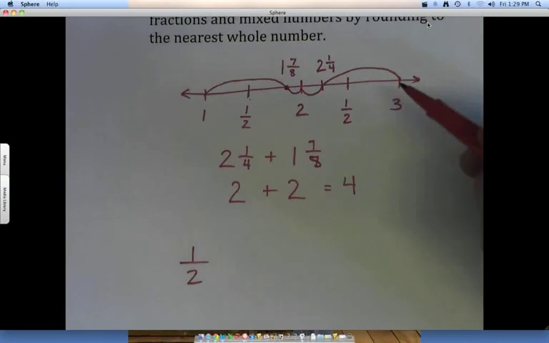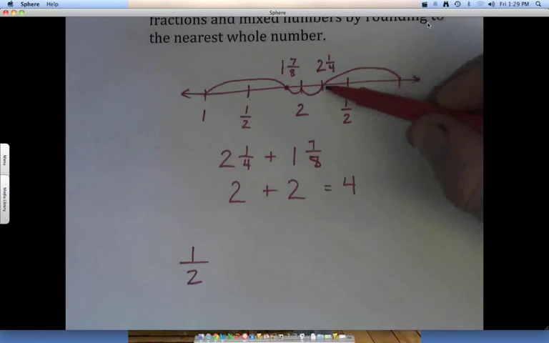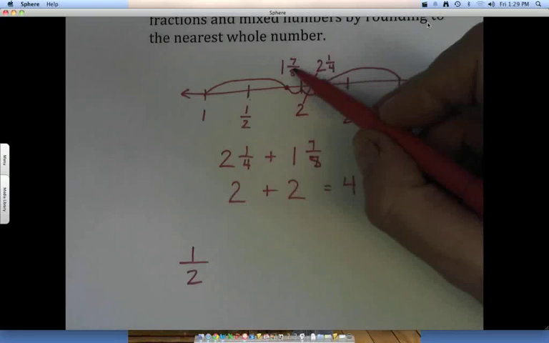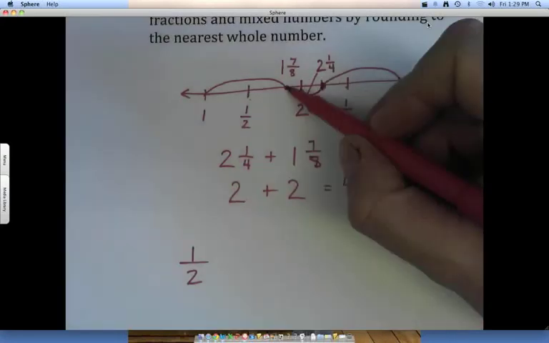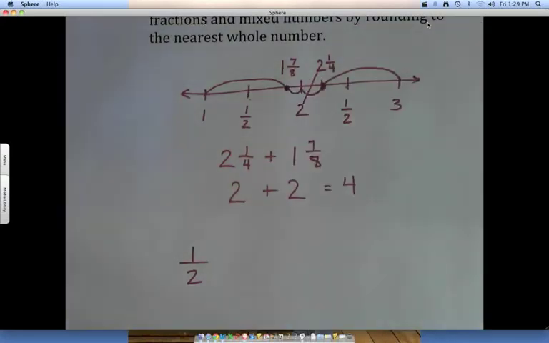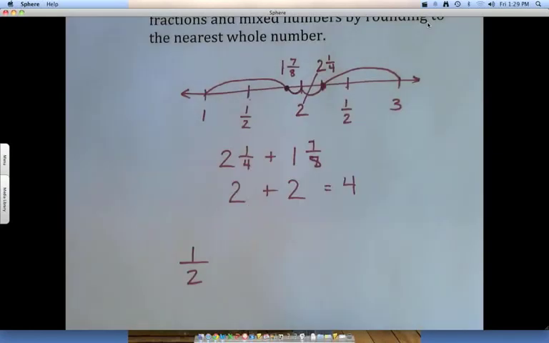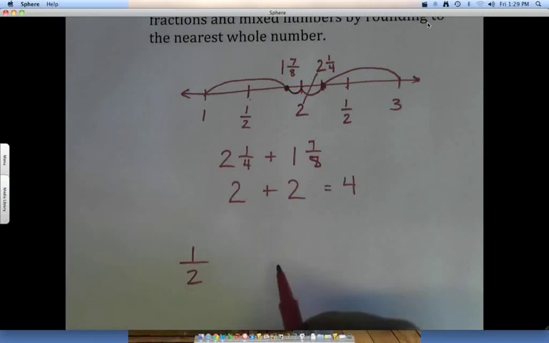If your fraction is smaller than 1/2, your whole number is going to stay the same. If your fraction, like 7/8, is larger than half, then your whole number is going to increase or round up. Let me show you an example.